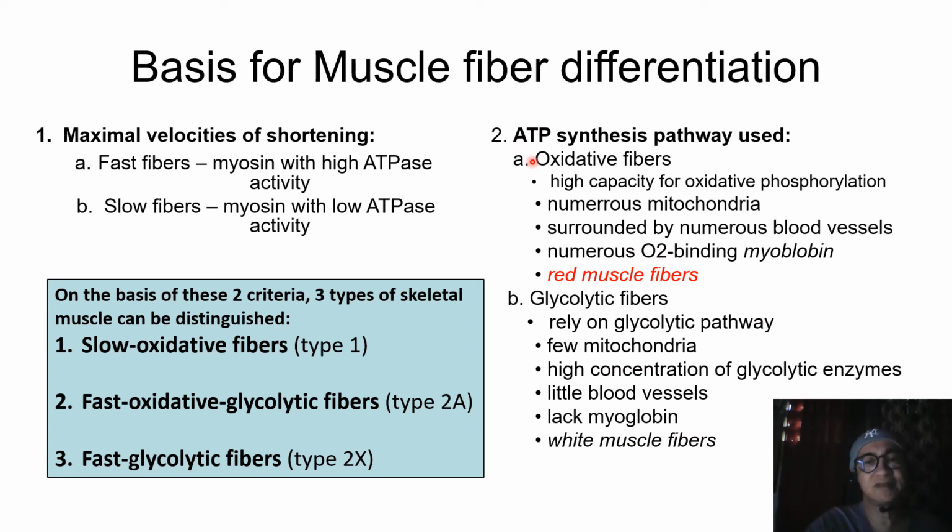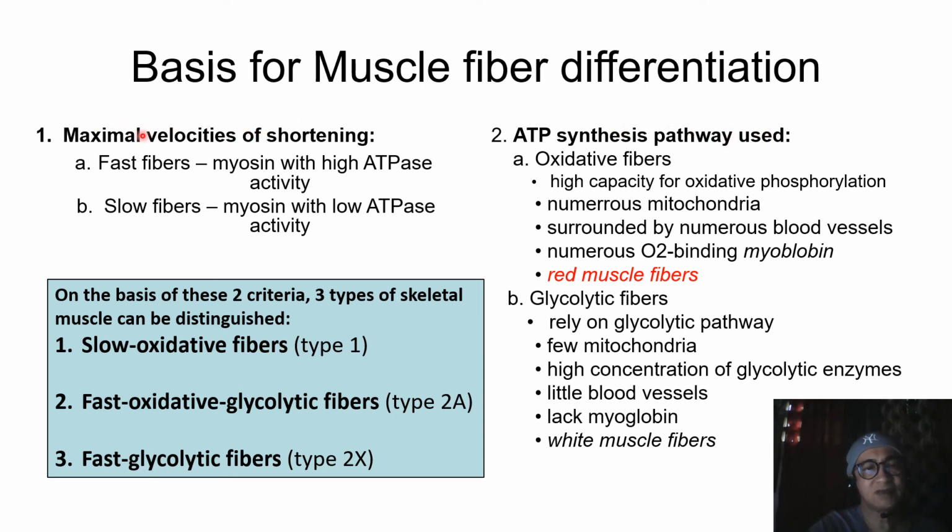Muscle fiber identification or differentiation is based on two categories. You have the maximal velocity of shortening of the muscle, and the ATP synthesis pathway used by the muscle to power the contractions.